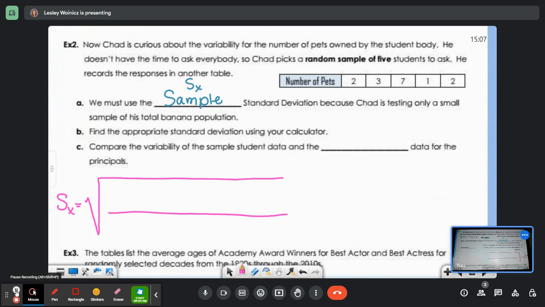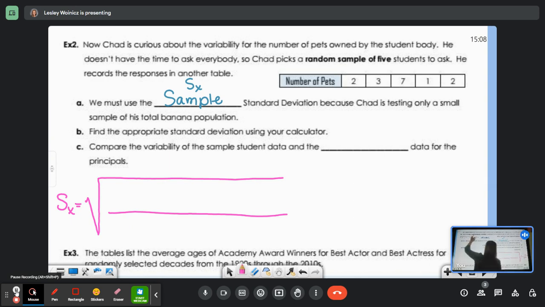What was the first step on the other side? What did we have to find? The mean, because we're trying to figure out how far everything is from the mean, right? So we need the mean.